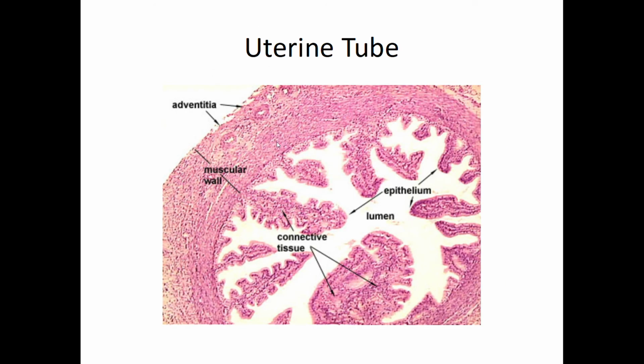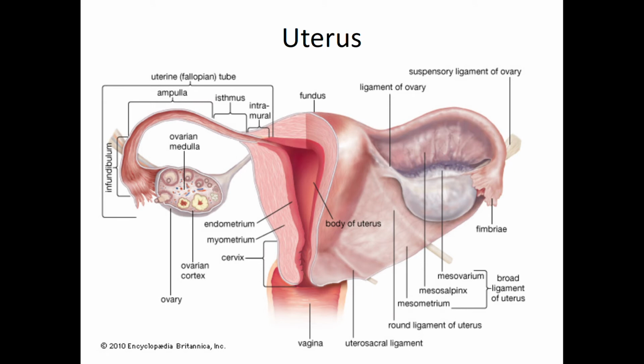So the uterine tube here, we have a muscular wall, and then we have this epithelium, and then we have this lumen. So this epithelium is a secretory epithelium to produce the things that the oocyte is going to need to survive as it goes along, until it reaches the uterus.